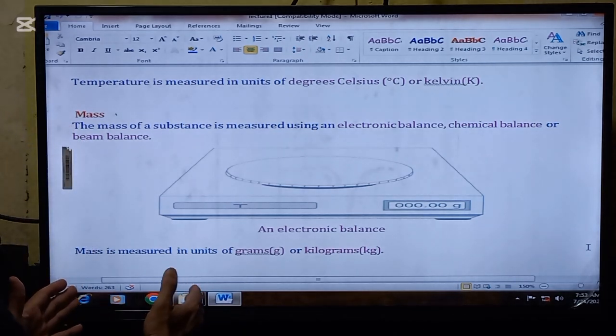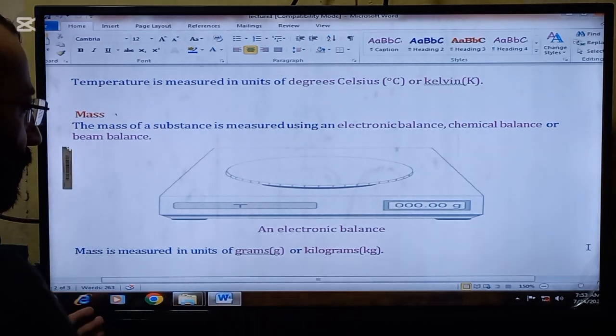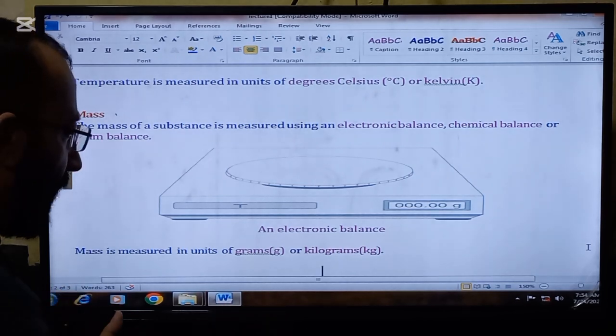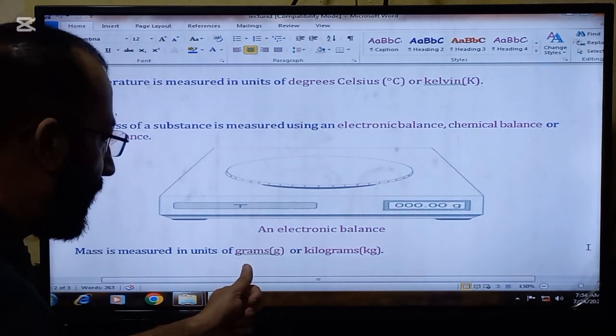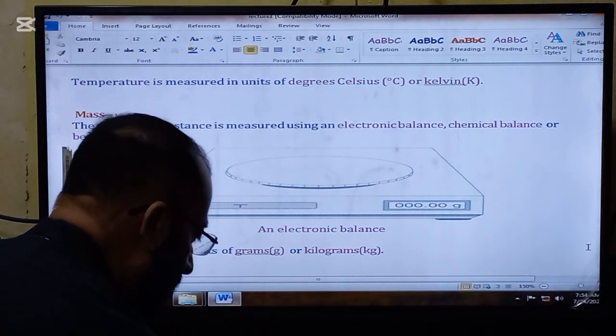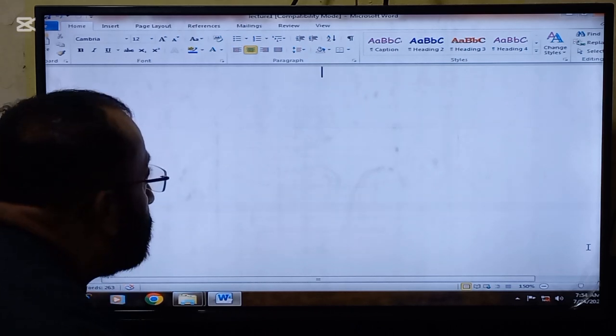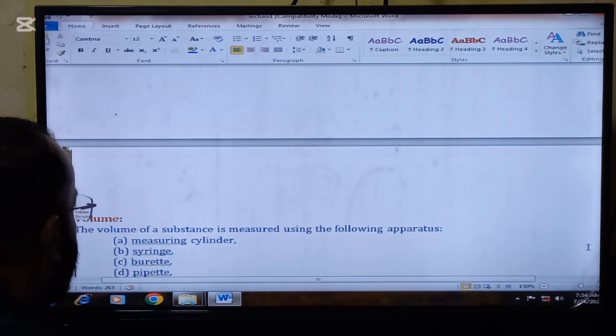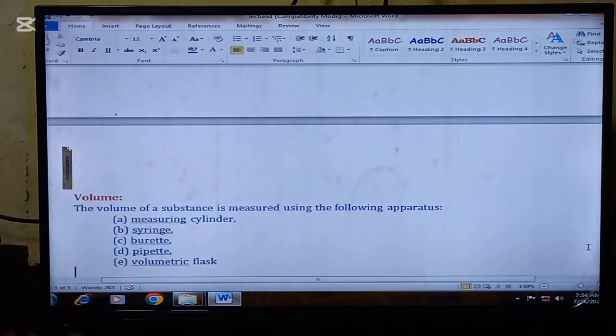Mass is measured in grams or kilograms. When the mass is less, the unit is grams, and when the mass is greater, the unit is kilograms.